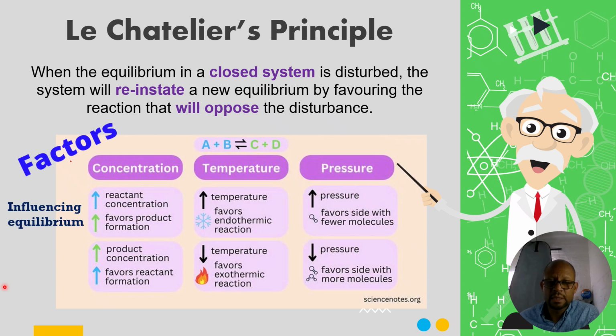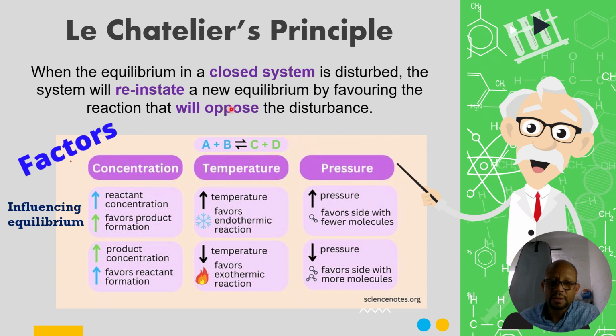This principle also helps us understand and predict what's going to happen. Now, any chemical equilibrium can be influenced by three factors: concentration, temperature, and pressure.